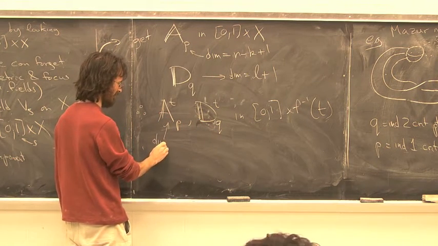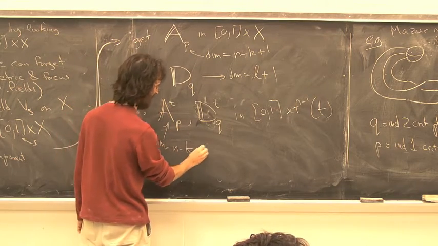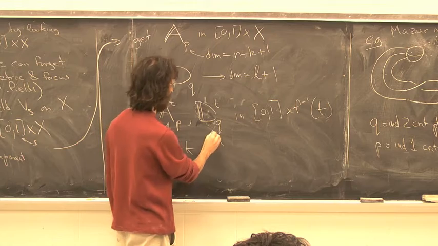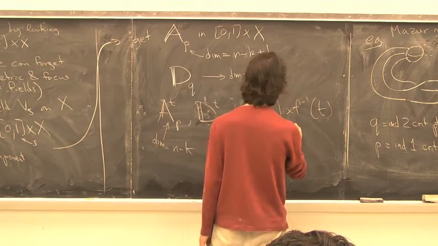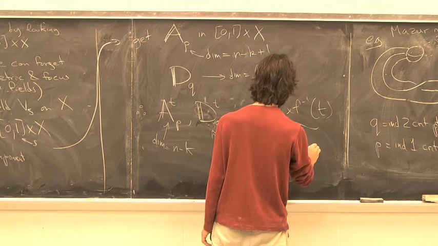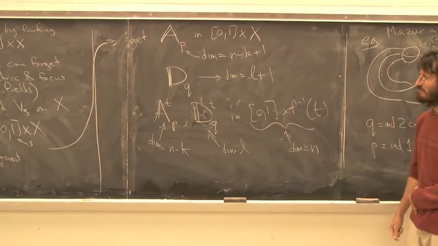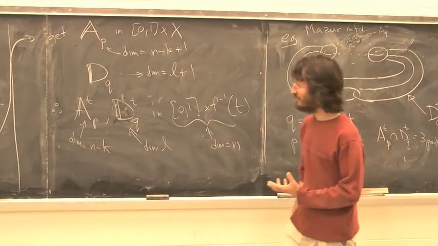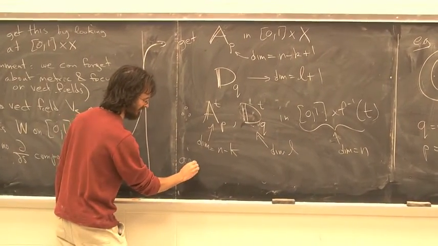Dimension equals, I drop the 1 again, n minus k. This has dimension l, and then this has dimension n, and now we want to compute. So the point is, then, by similar argument, we can assume that these submanifolds intersect transversely.